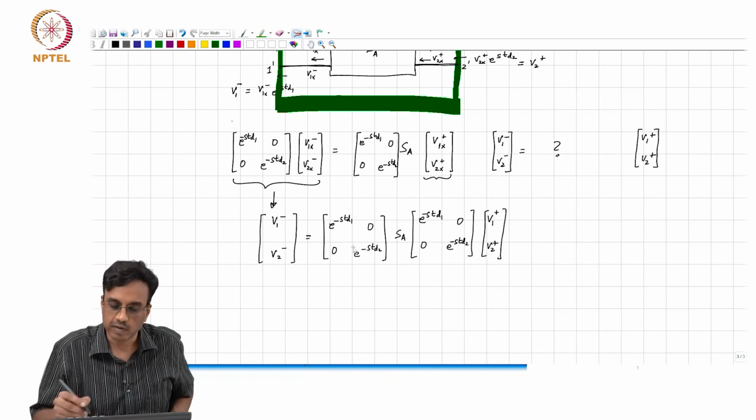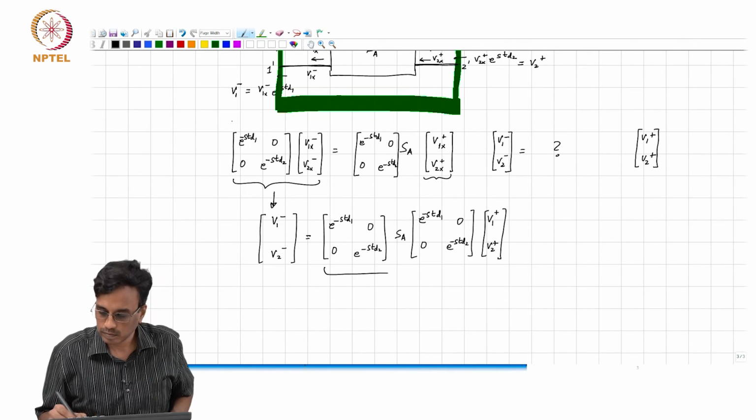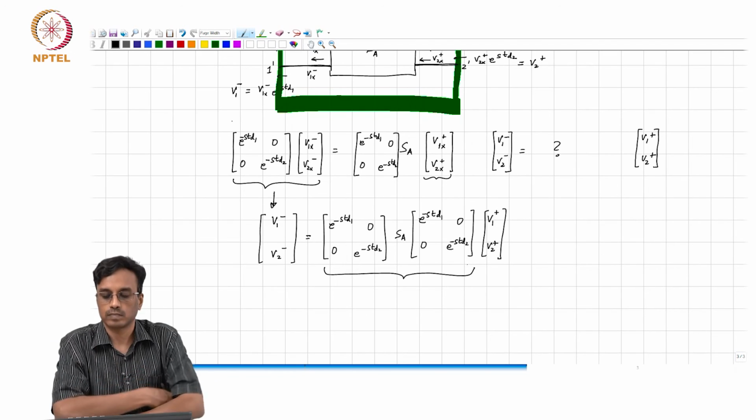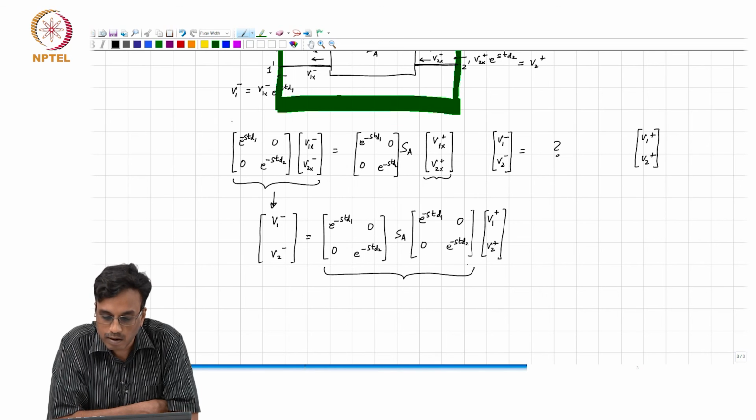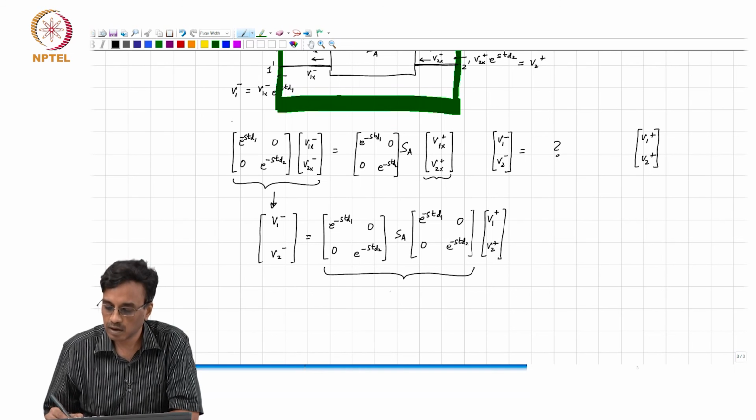And so, what is this now? This is the modified. Does it make sense, people? Okay. I hope we have not made any algebraic goof. It seems okay. All right. So, this is the augmented SA hat.